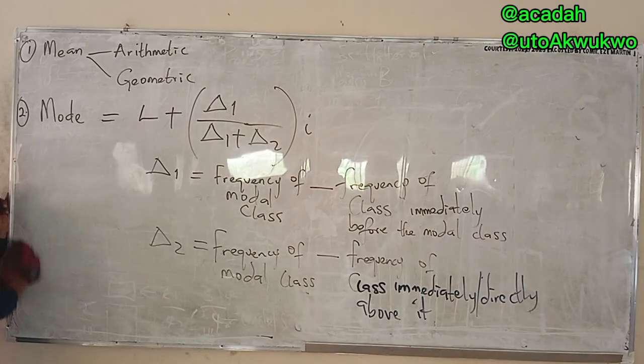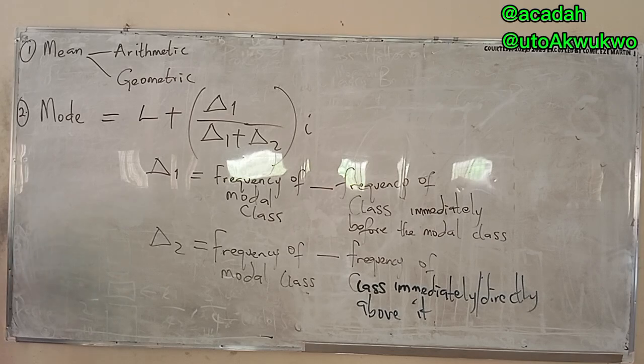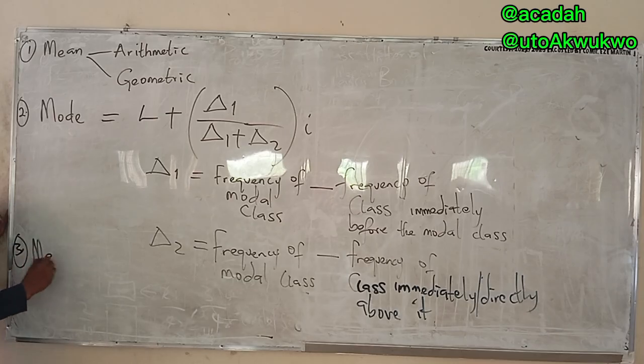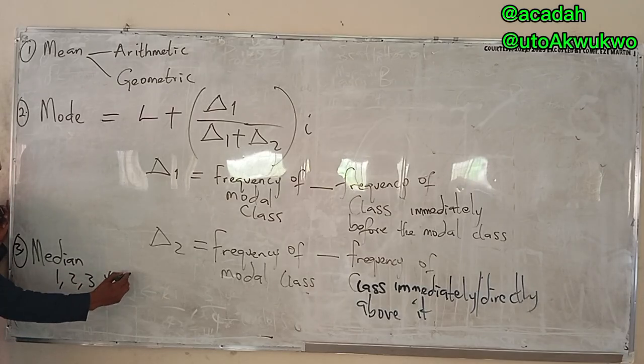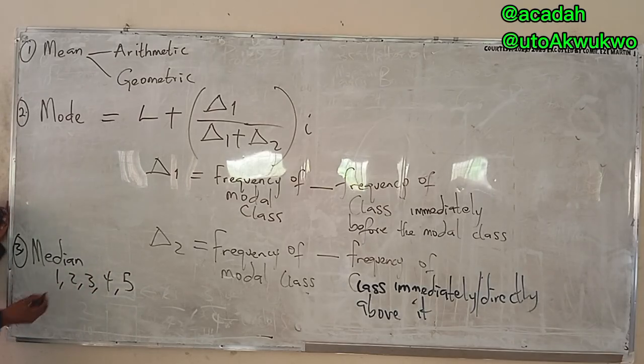There are some examples I normally like avoiding, because when you read some textbooks, they tell you about median and give you 1, 2, 3, 4, 5, and say the middle one is this one.